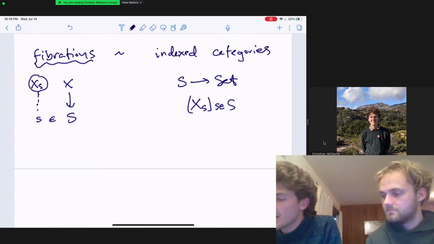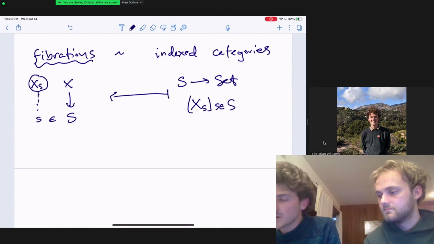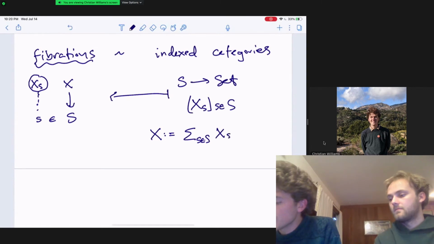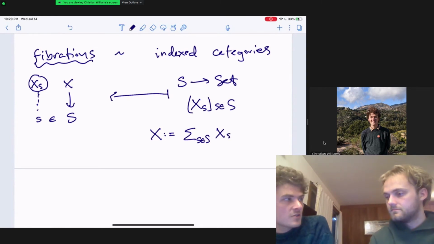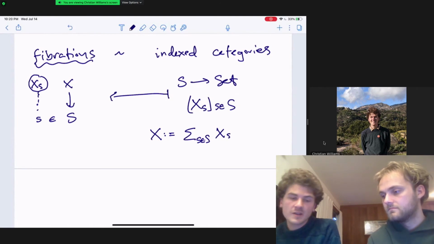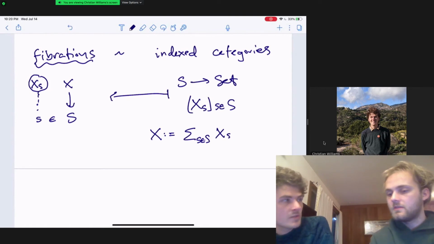So if you wanted to go from this to this, what were you really doing for each? You were really just defining X to be the sum, right? So in general, for categories, we're just going to take a certain colimit. It's still the same idea, that we're just gluing all the categories in the image together into one big category.